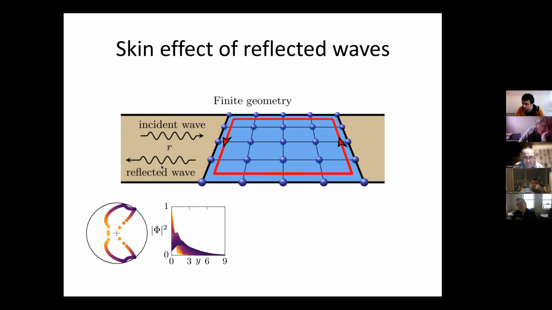Now, the reflection matrix is finite size, so you see there are some discrete eigenvalues which are positioned inside of the unit circle. And if I look at the eigenvectors associated to these eigenvalues, I see that all of them are exponentially localized on one boundary of the system. This means on one boundary of this waveguide over here in real space.